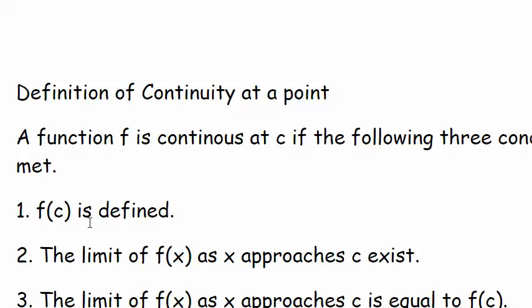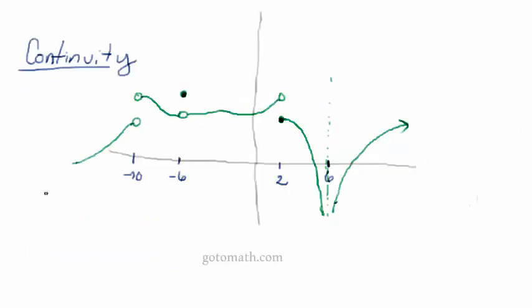So let's first look at this one right here. f of c must be defined. We'll just write that right here. f of c must equal some real number; it must be defined. Take for example this right here.